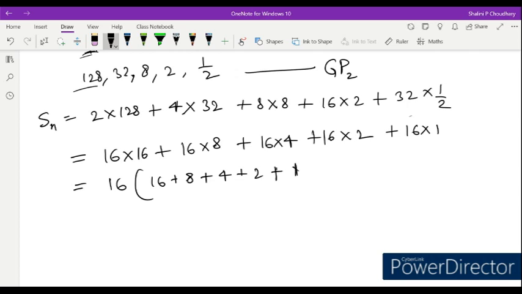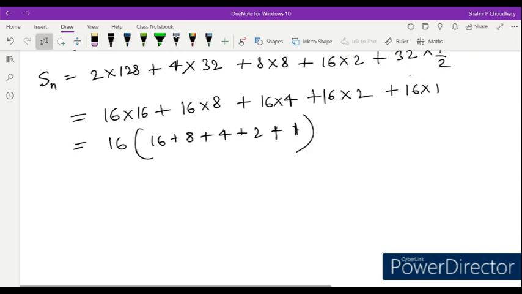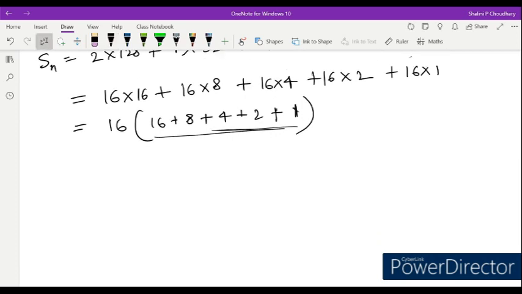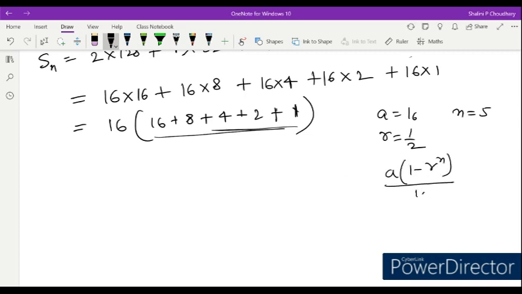We can see that these numbers are also a sequence in GP, where the first term is 16, the number of terms is 5 and the common ratio is 1 upon 2. So which formula do we have to apply? We have to apply the formula a into 1 minus r to the power n upon 1 minus r.